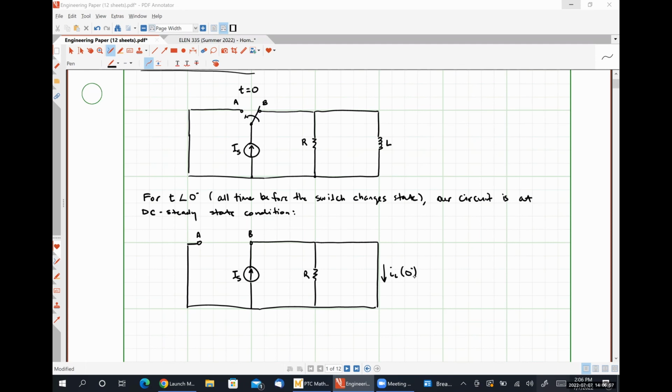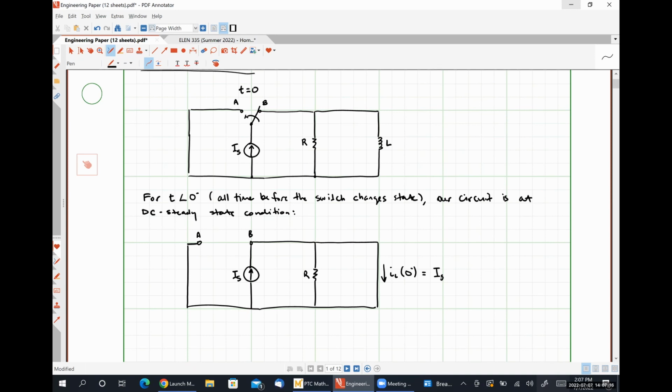Same as IS. Absolutely correct. Thank you, Catherine. So all of the current from our current source is going to flow through the inductor, none of it will branch off and flow through our resistor R, okay?